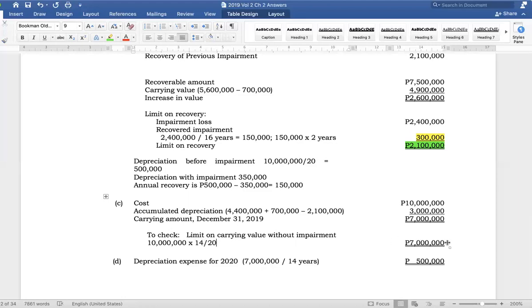Therefore, that is 7 million. Again, 14 over 20 is the remaining life from the date of recovery. 20 is the original life. Therefore, 10 million times 14 over 20 is 7 million. So, your carrying value should not exceed 7 million.